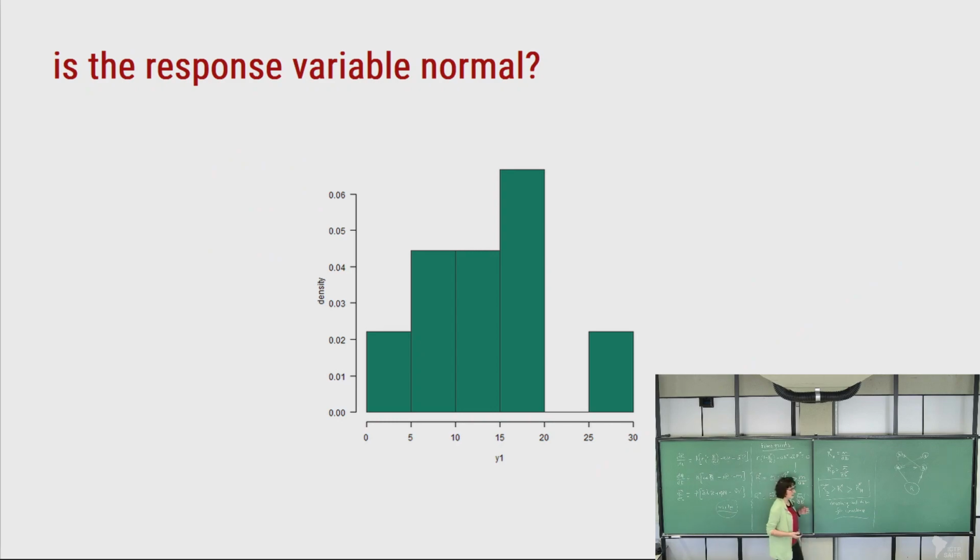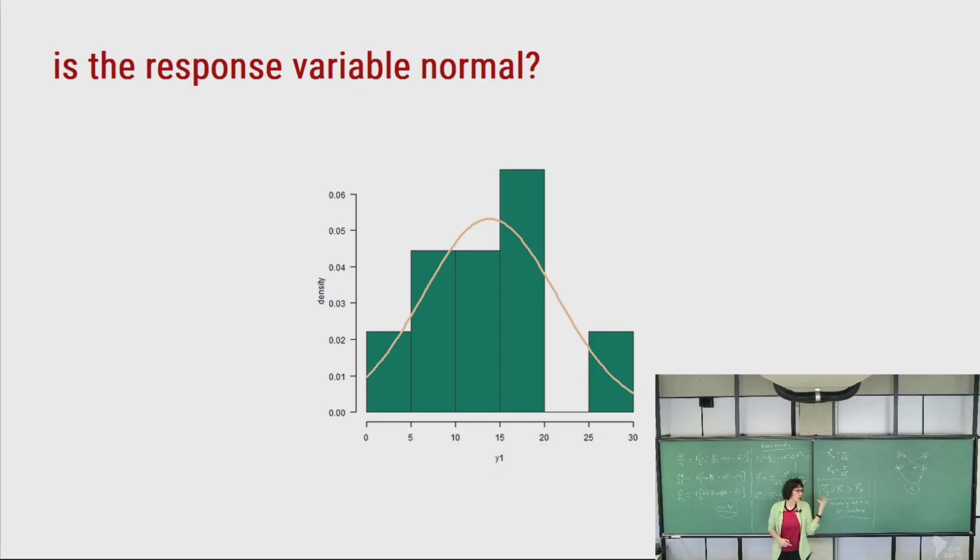Another thing that we need to check is if our response variable is normal, and here I have the response variable in this example. I could check that by creating a density curve for my distribution using the parameters of my data. So I'm taking the mean and the standard deviation of this data, building a density curve, and so I can compare it.